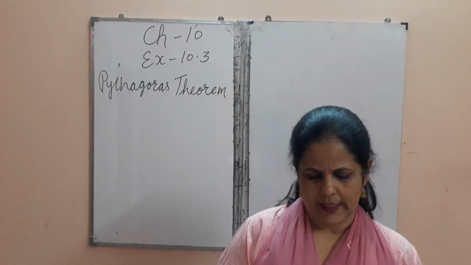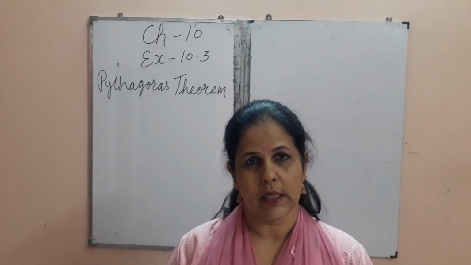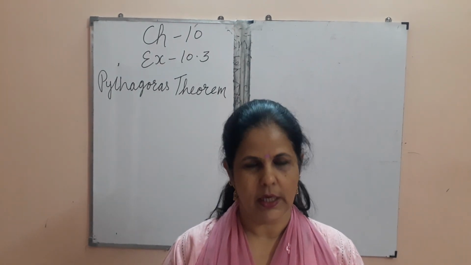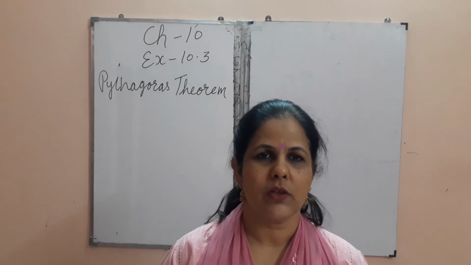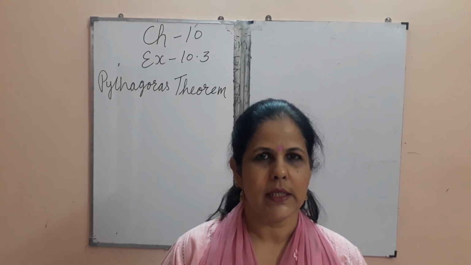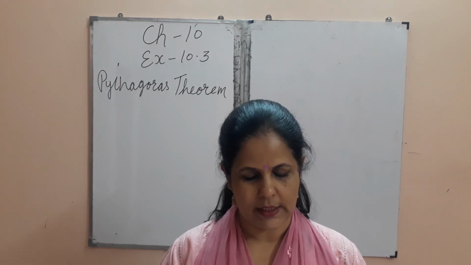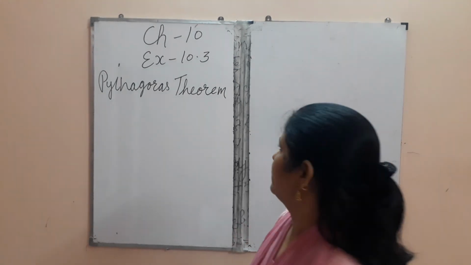We know that a triangle with one of its angles as a right angle is called a right angled triangle. If in a triangle one angle is a right angle, then we call it a right angled triangle. The side opposite to the right angle is called hypotenuse. Let's draw.